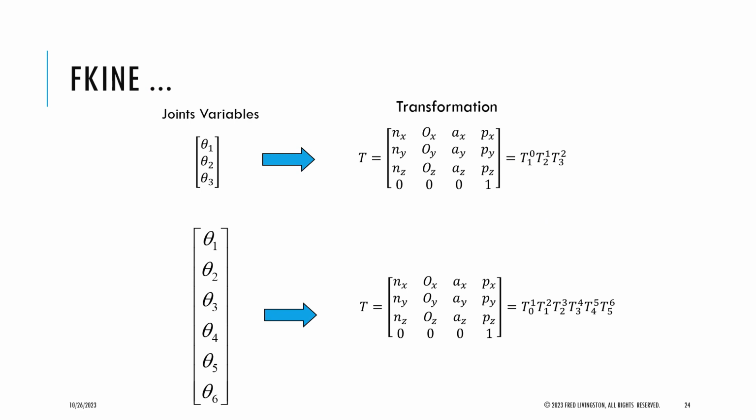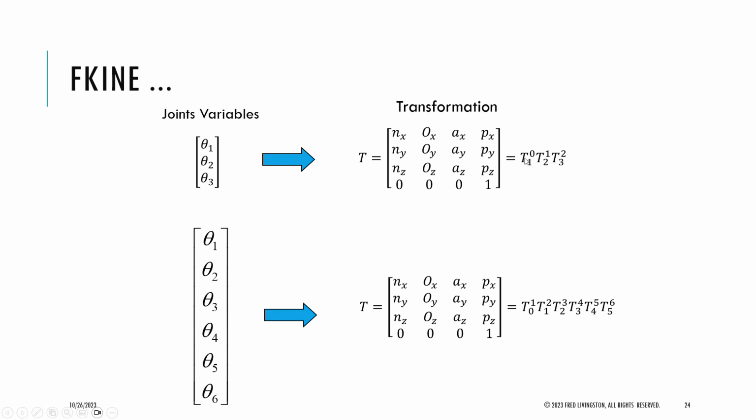For example, a 3 degree of freedom robot has 3 joint variables, Q1, Q2, and Q3. I get this transformation matrix from doing forward kinematics, and it's still going to be a 4x4 matrix. So what is this representing? The 3x3 block is the rotation component, and then there's the position component here.